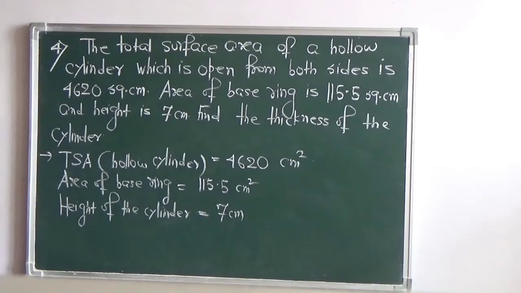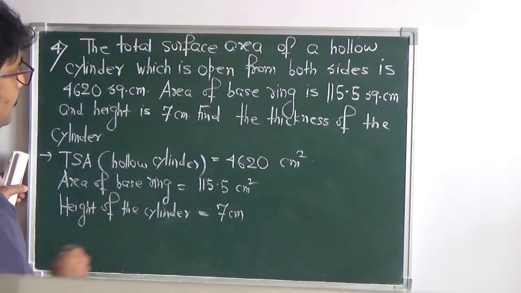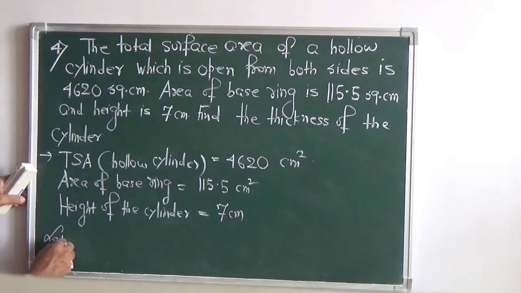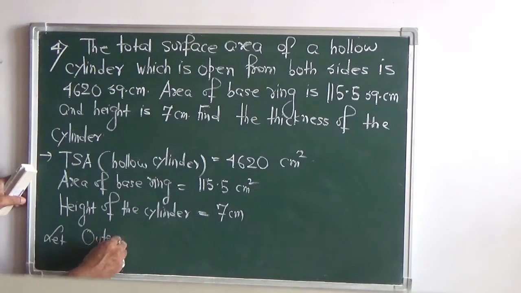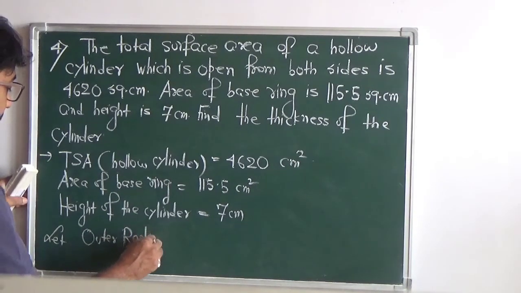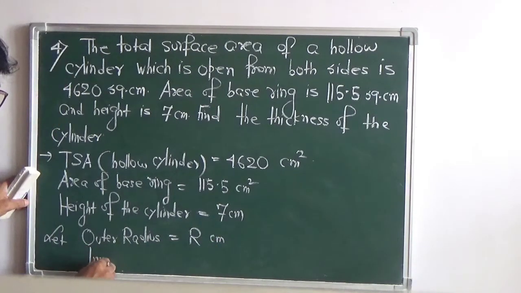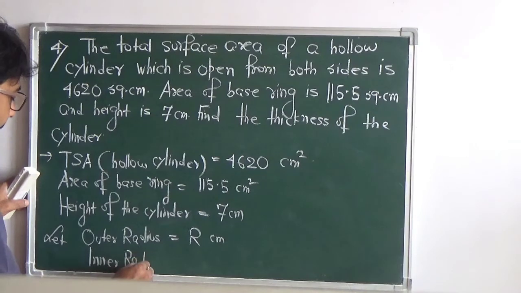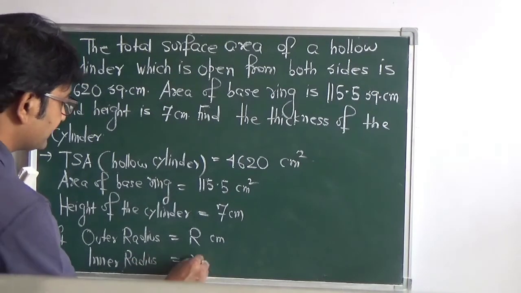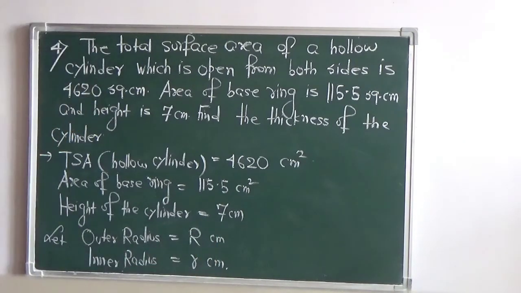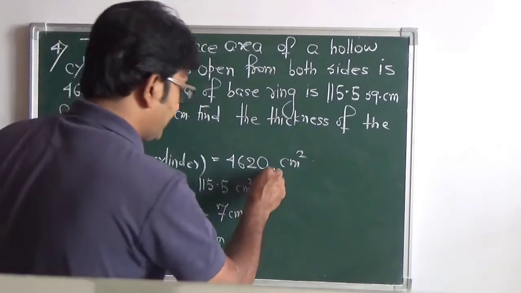Now let the outer radius be R centimeters, and the inner radius we take as small r centimeter. So R is the outer radius, small r is the inner radius. Now you are given the base area, and the base area will be how much?